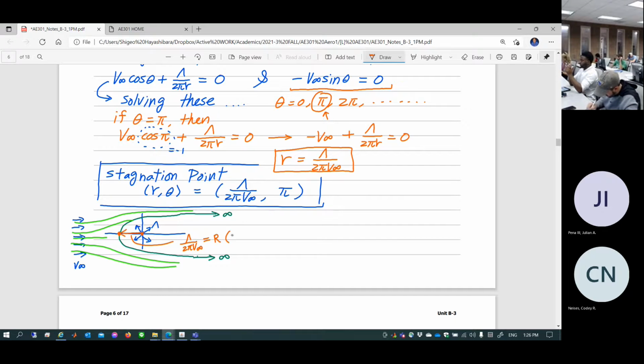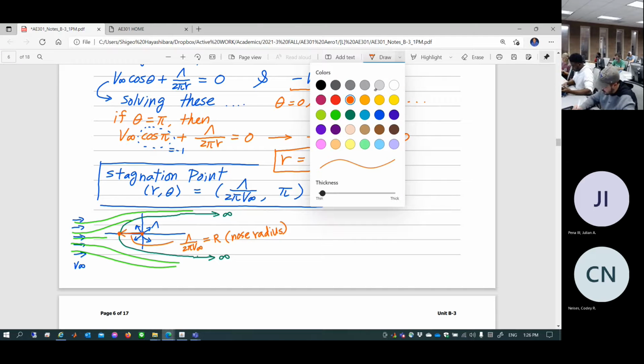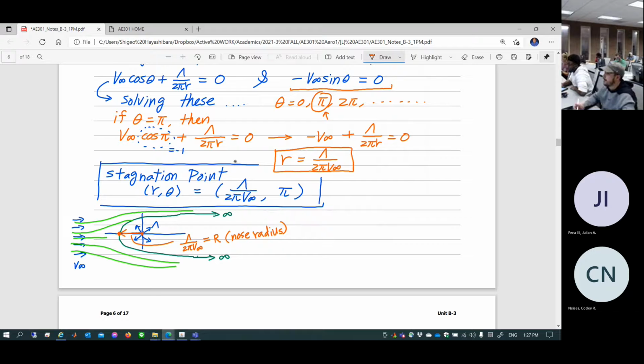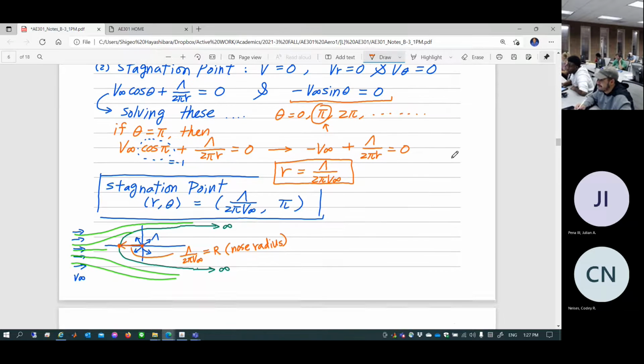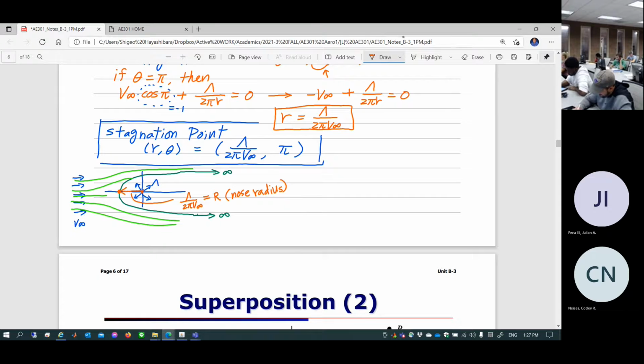This is called the nose radius. And then the next thing I want to do is define a particular streamline equation that goes through the stagnation point. It's called the stagnation streamline. That's the third step usually.